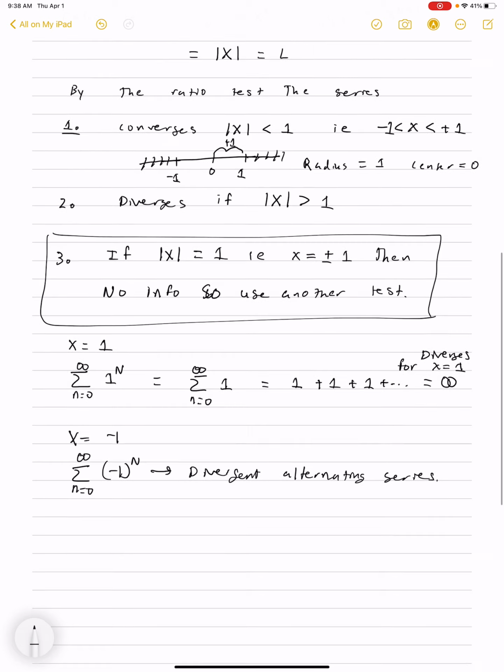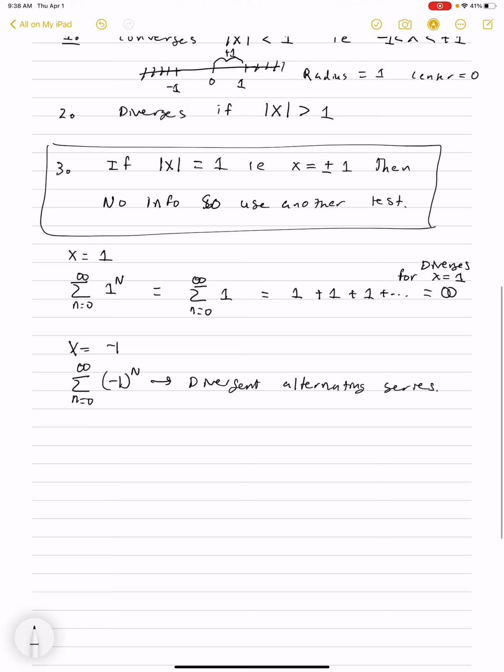Okay. So the interval of convergence is this. The interval of convergence is for x strictly bigger than minus 1. It can't equal it because we get the divergent alternating series.